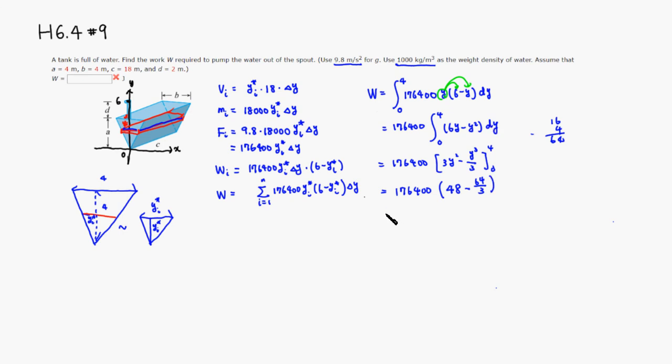And taking a common denominator, we get the 3 here. So 48 over 3, so we have to multiply by 3. So 3 times 8 is 24, 3 times 4 is 12, so 144 minus 64, right?